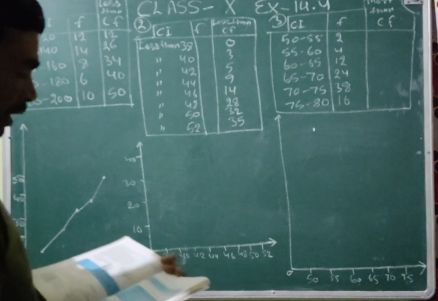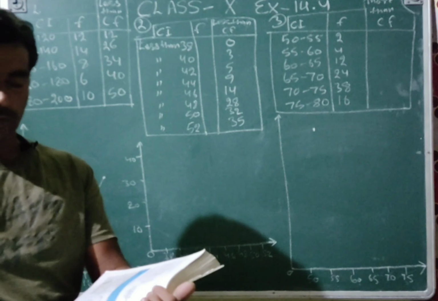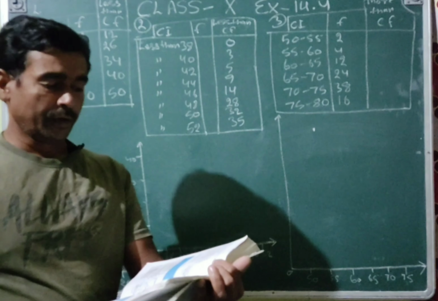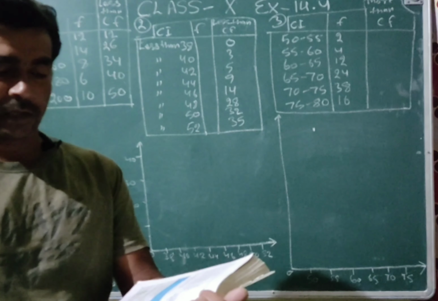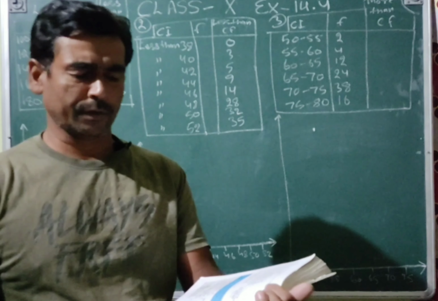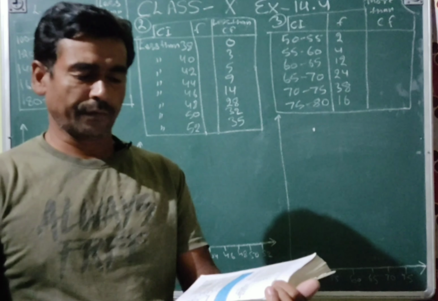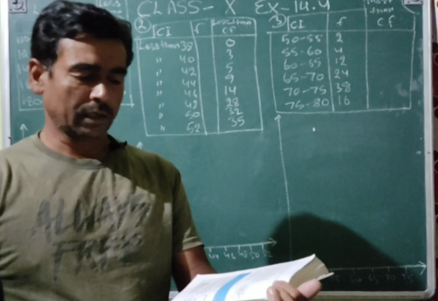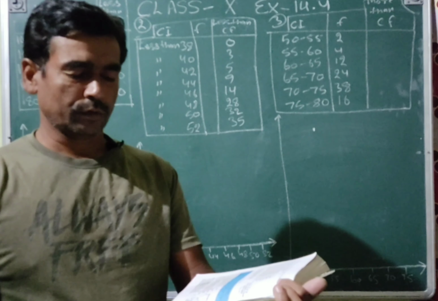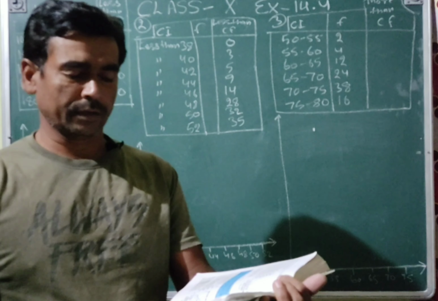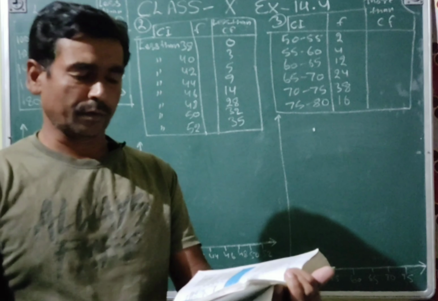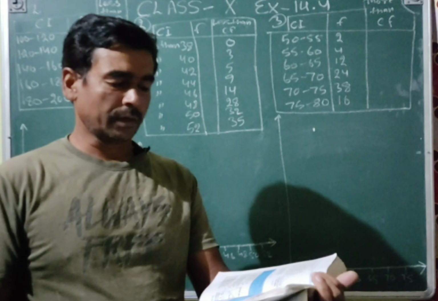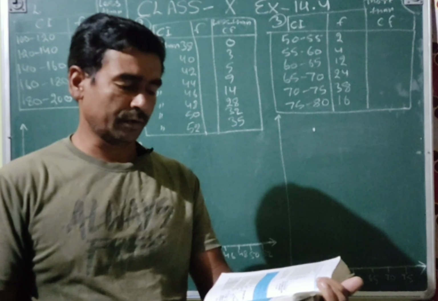And then the second question. During the medical checkup of 35 students of a class, their weights were recorded as follows: less than 38, less than 40, and so on, and the number of students 0, 3, 5, 9, 14, 28, 32, 35. That is a CF because it is in increasing order.